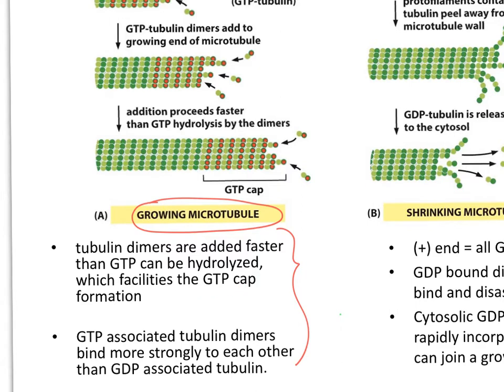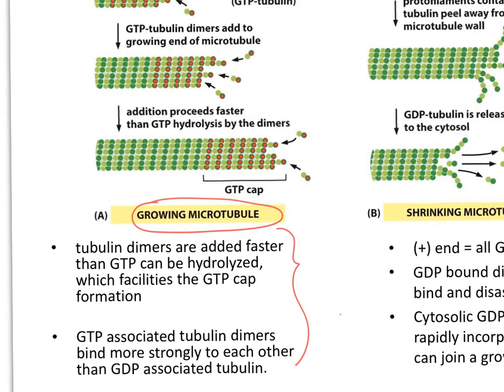And again, this is always going to be on the plus end of the microtubule. Also note that, thermodynamically, the GTP-associated tubulin dimers are bound more strongly to each other than the GDP-associated tubulin dimers are. So basically, this end is more stable than this end.